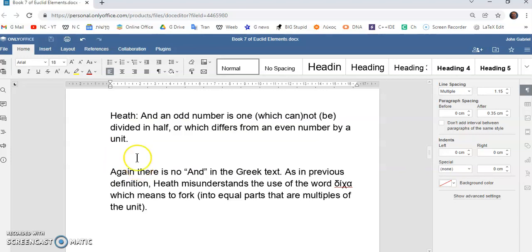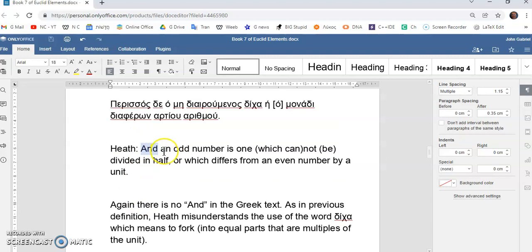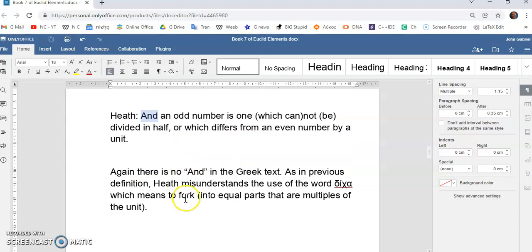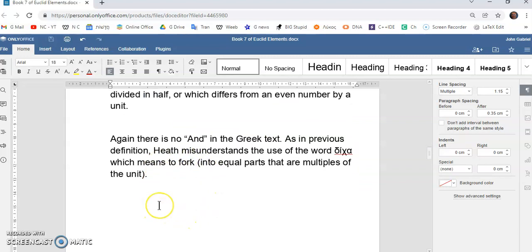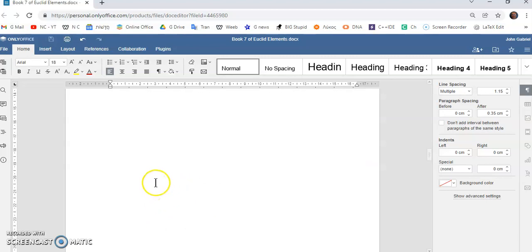The next one says, "and an odd number," and there's no word "and" there in Greek again, "is one which cannot be divided in half," which is also false, "or which differs from an even number by a unit," or 1. So again, as in the previous definition, Heath misunderstands the use of the word díχα, which means to fork into equal parts.